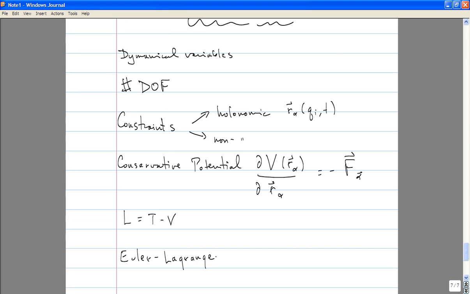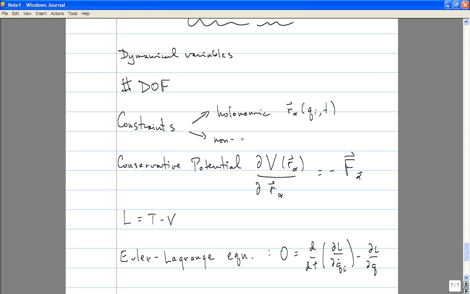using the Euler-Lagrange procedure. And so if you have n degrees of freedom, there are n Euler-Lagrange equations that one can write down, which take the form 0 is equal to d by dt, dL by dqi dot, minus dL by dqi.